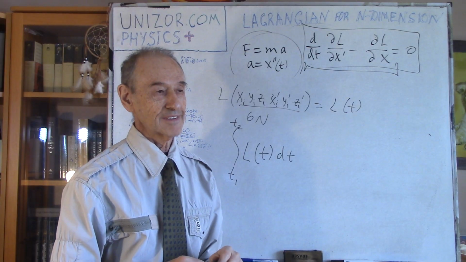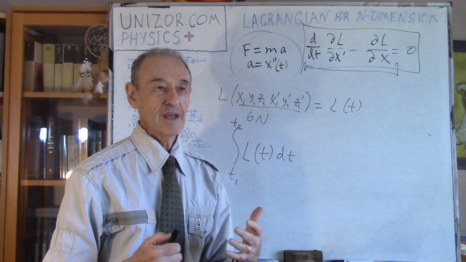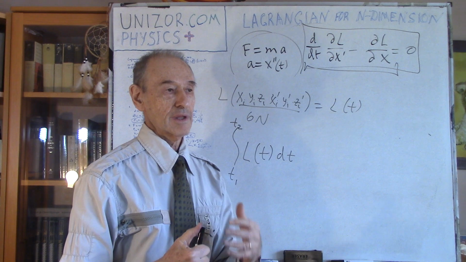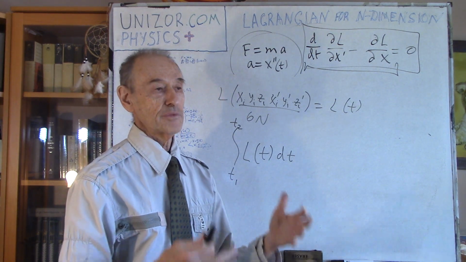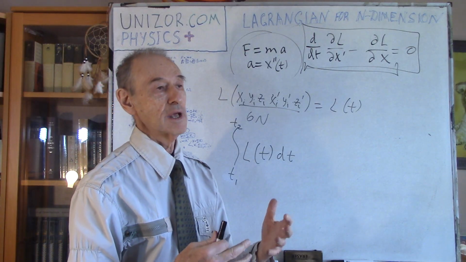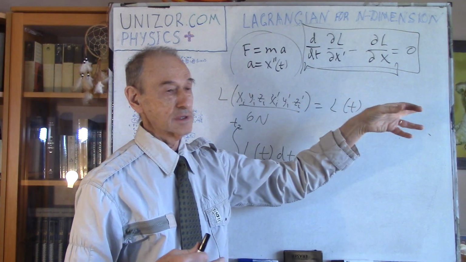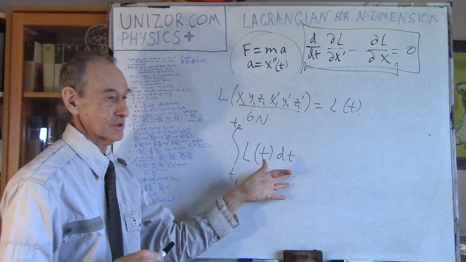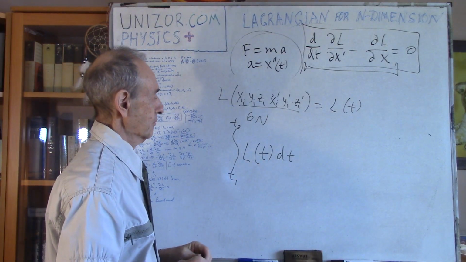So basically that's the kind of philosophical theory behind the whole thing. Action is a very important thing, basically like a universal law of physics. If you would like to find out what the trajectory is, you have to minimize, usually, or maximize the action.